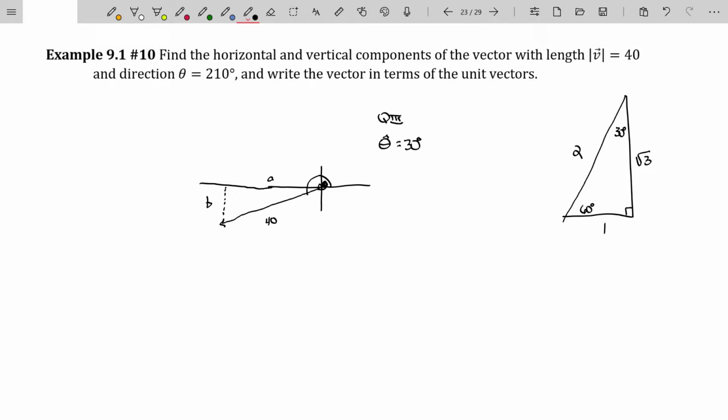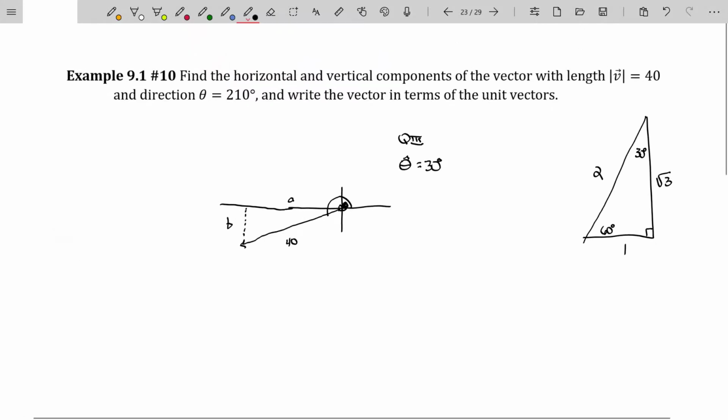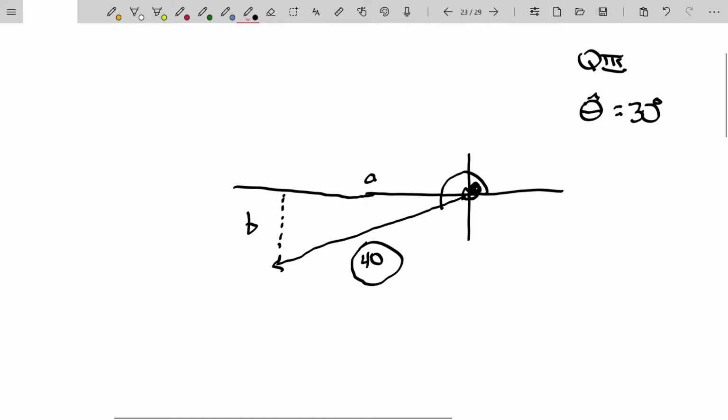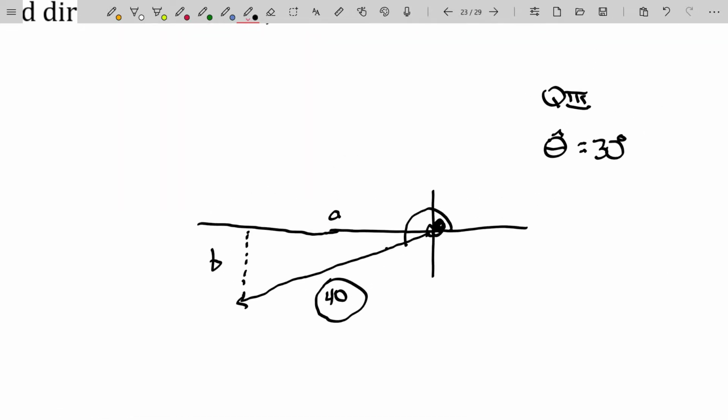I just like to kick it old school, bring it back, right? And we know our hypotenuse is of length 40. So if you multiply all three sides by 20, you get the hypotenuse of length 40. You'll get the side adjacent to 30 degrees to be 20 root 3, and the side opposite 30 degrees to be 20 times 1. That is, the side adjacent to this 30 degree angle right here is going to be 20 root 3, but it's negative.